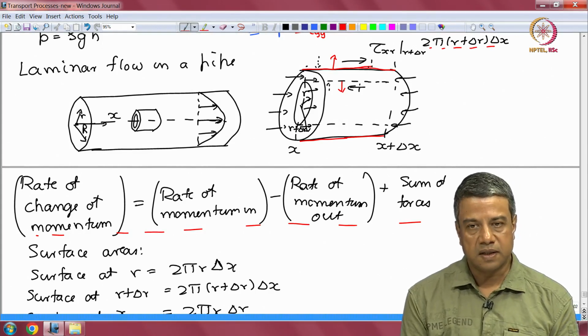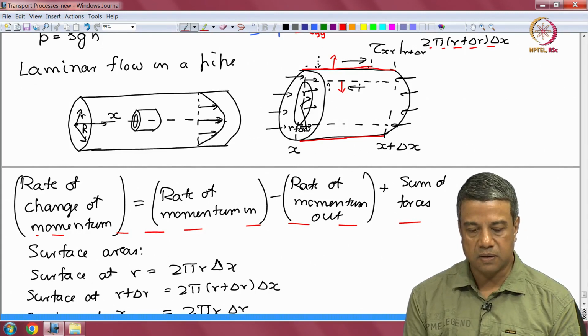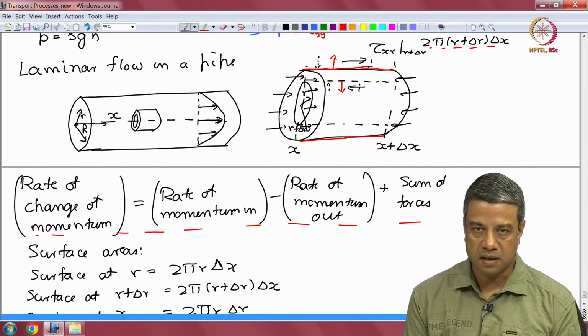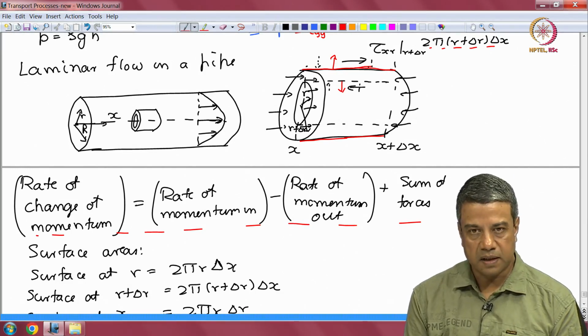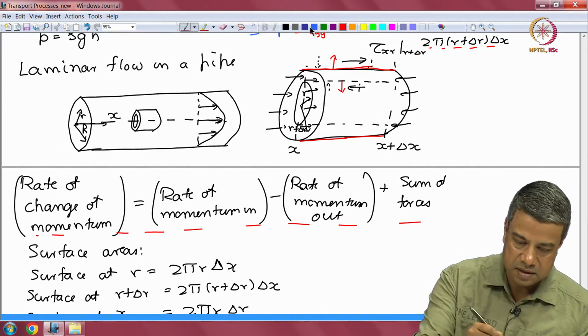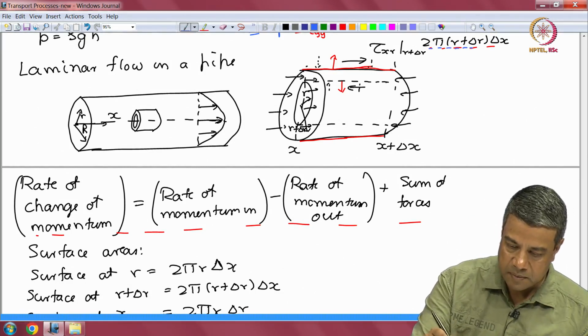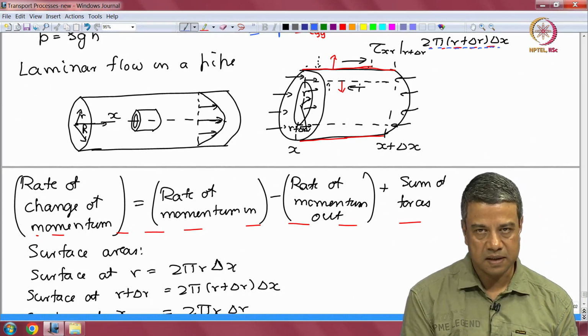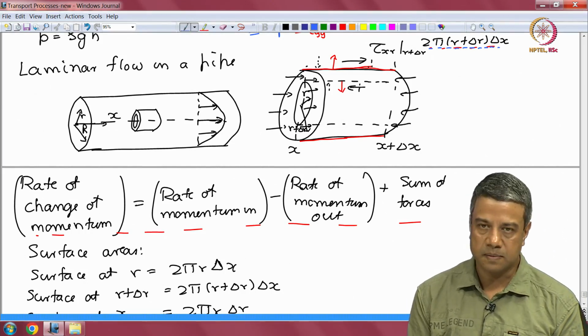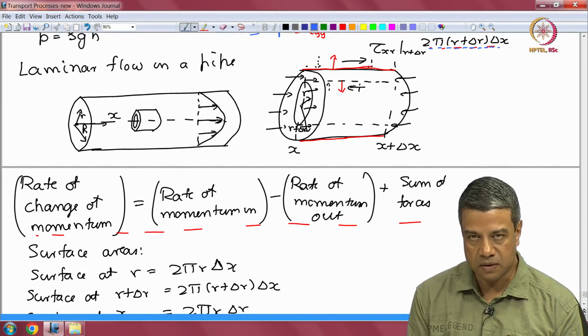Therefore, the force is tau x r times the surface area, 2 pi (r plus delta r) times delta x. The perimeter 2 pi (r plus delta r) for this outer surface times delta x times tau x r at r plus delta r is the force acting on the outer surface.